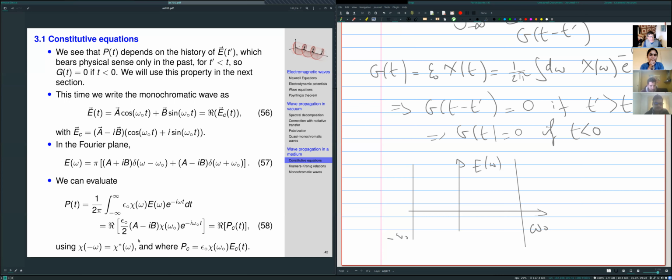And in this final expression, we've used the fact that the other delta function can be related to the previous one using the hermiticity of the susceptibility. So this would be the polarization related to this monochromatic wave.